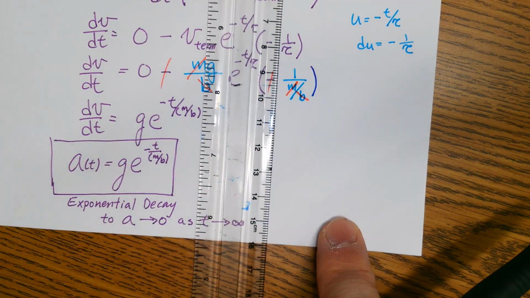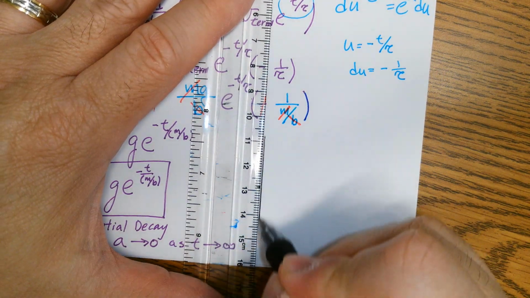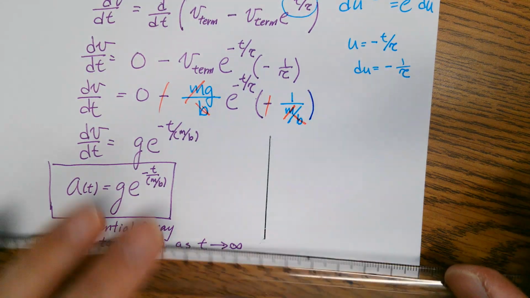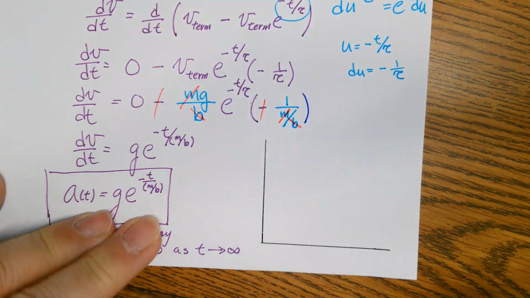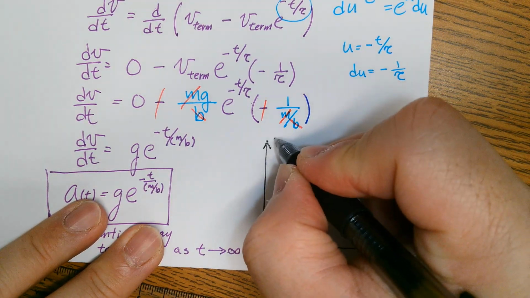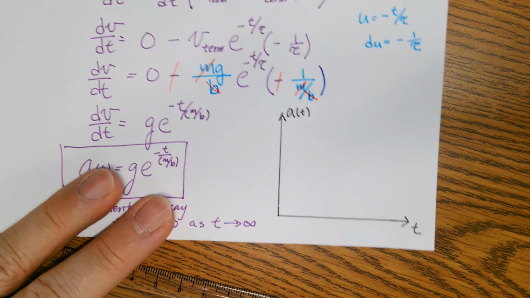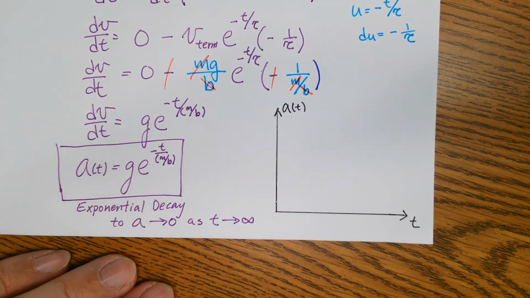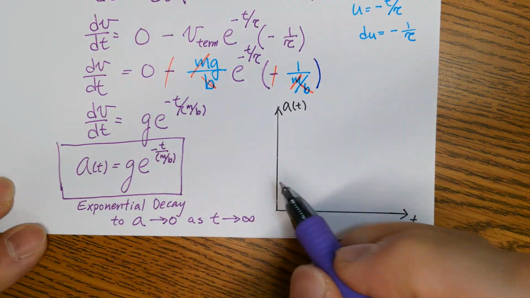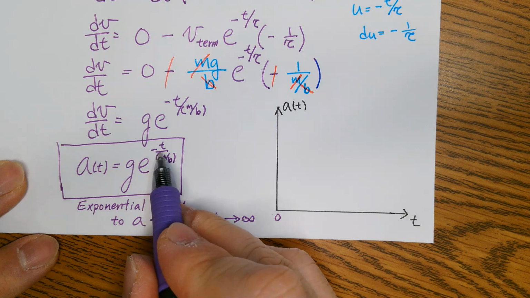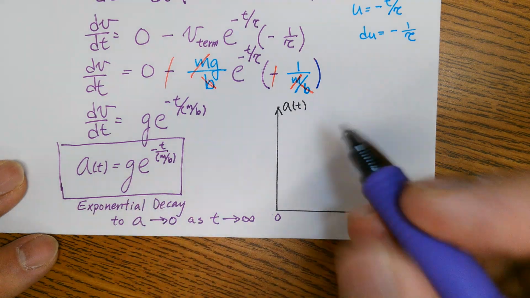now you don't have to obviously do that to answer the question part F, but let's visually analyze what this may look like. So here is my a of t, and here's my time t, right? It looks like it's going to start at when t is equal to 0, when this is equal to 0, this whole thing is going to turn into 1, and 1 times g is just g.